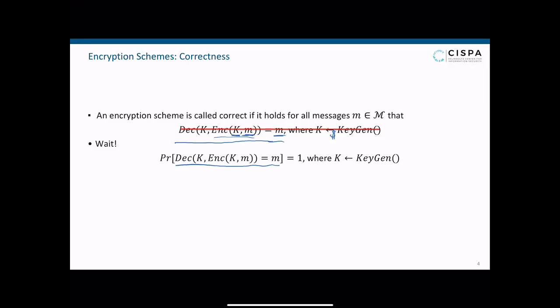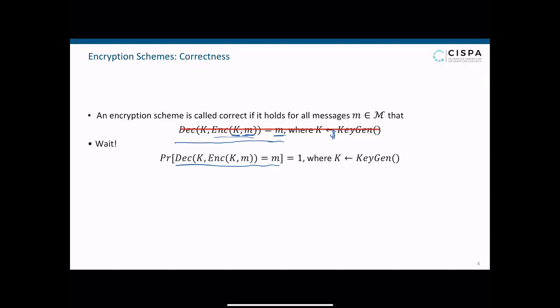Sometimes, in abuse of notation, we're going to use the upper notation anyway. So here's a question: why don't we fix a key K once with randomness, but then always use the fixed K to define correctness?